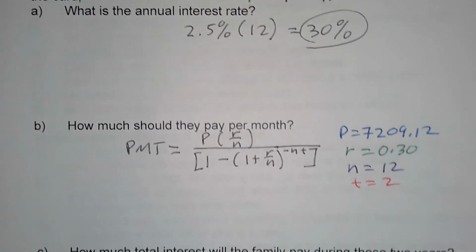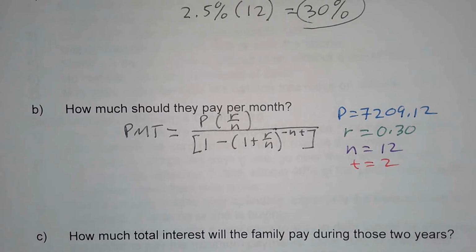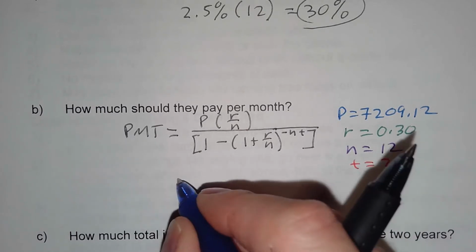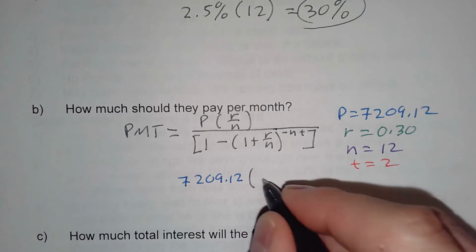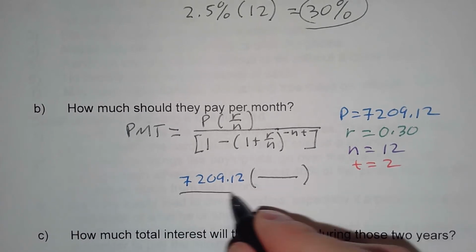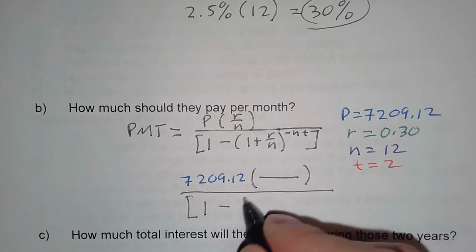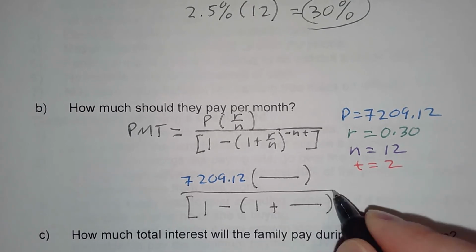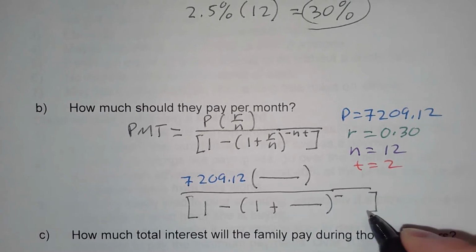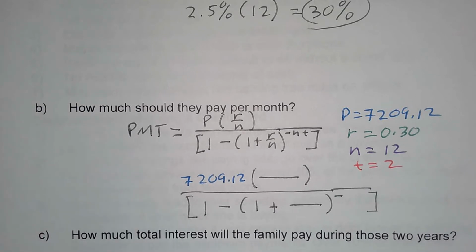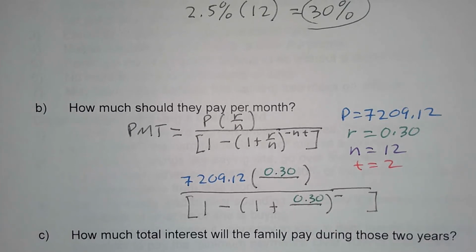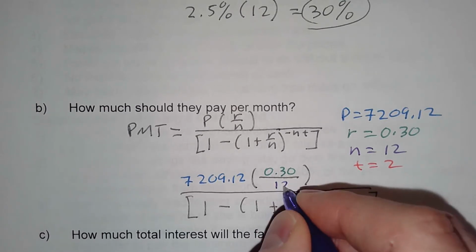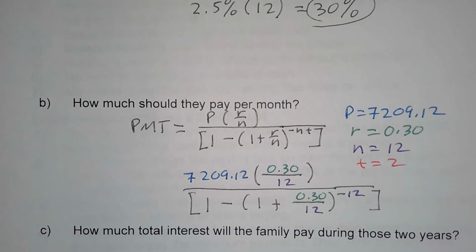So we're going to plug all these numbers into our formula. I'm going to put in that 0.3 for R. And here is 12. And T is 2.